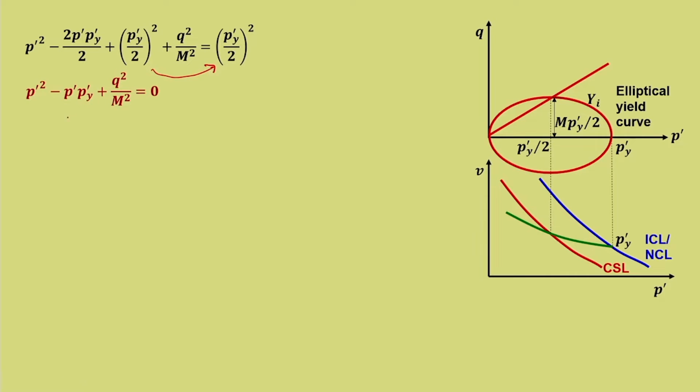So, we are left with the ellipse equation, which is p dash square minus p dash y p dash plus q square by m square, which is equal to 0. So, this comes from this particular expression. So, this is the equation for elliptical yield curve, and that defines the boundary where the soil is going to yield.